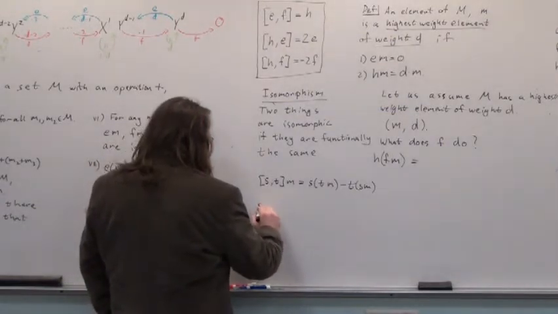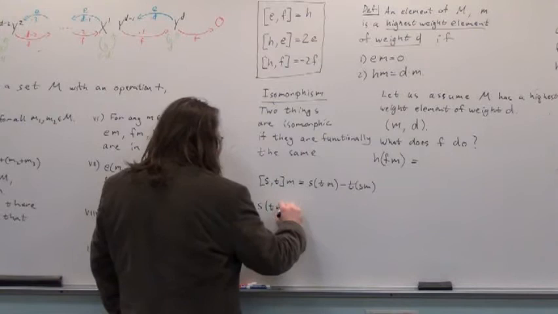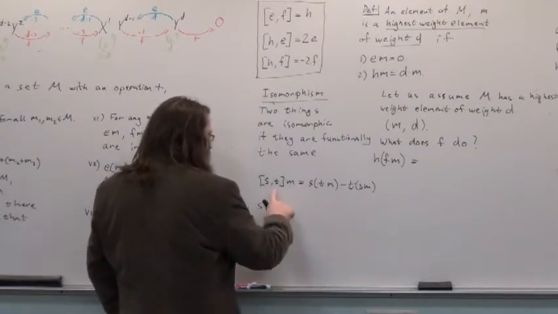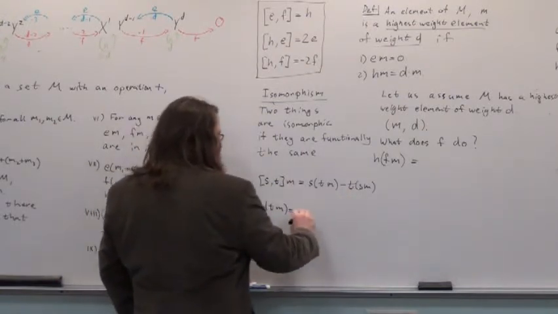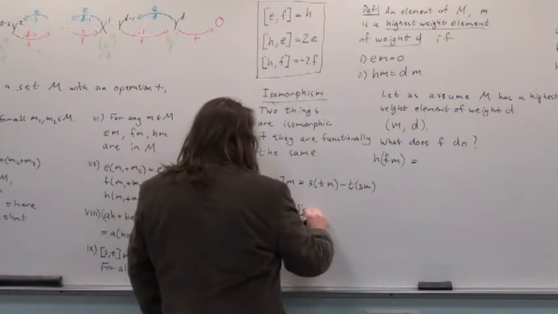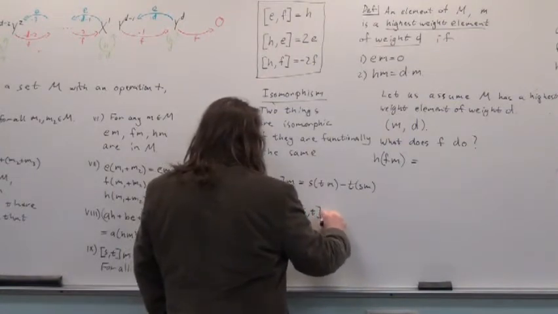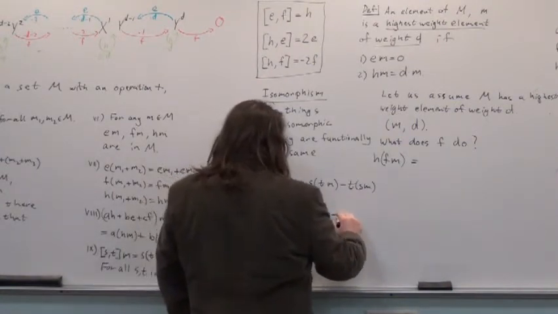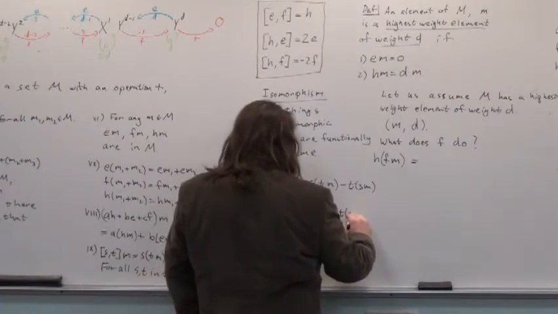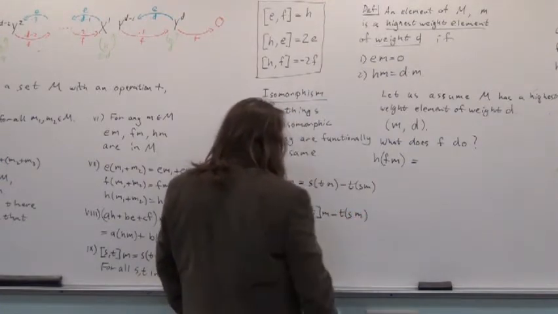And so we get that S on T M is equal to the bracket of S and T on M, minus T on S.